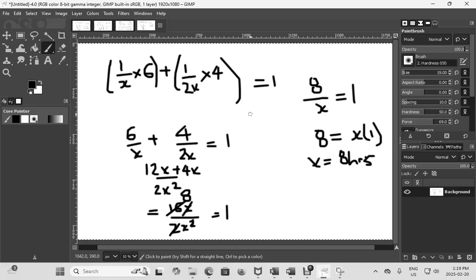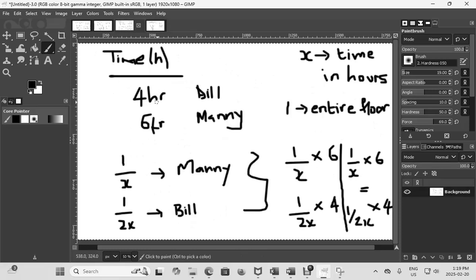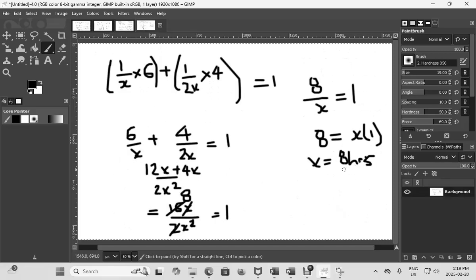On the other side, the rate of work is 1 over 2x, or 1 over 2 times 8, which is 16. 1 over x is Manny, so Manny takes about 8 hours to finish the job.